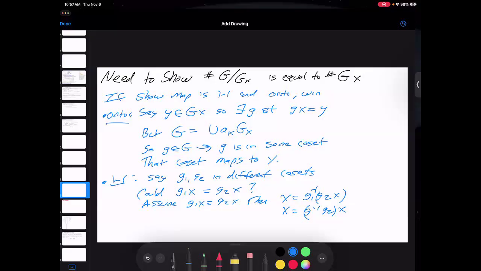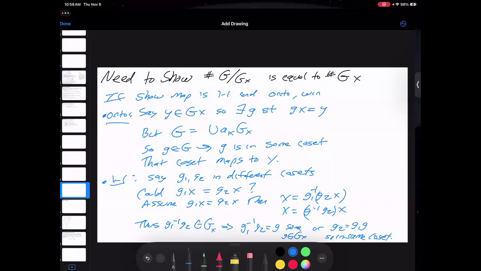So thus, G1 inverse G2 is in the stabilizer of X, which means G1 inverse G2 equals G for some G in the stabilizer, or G2 equals G1G, so in the same coset.